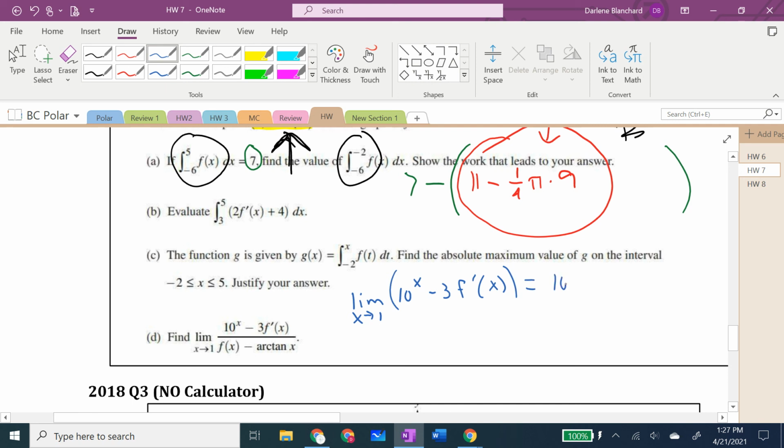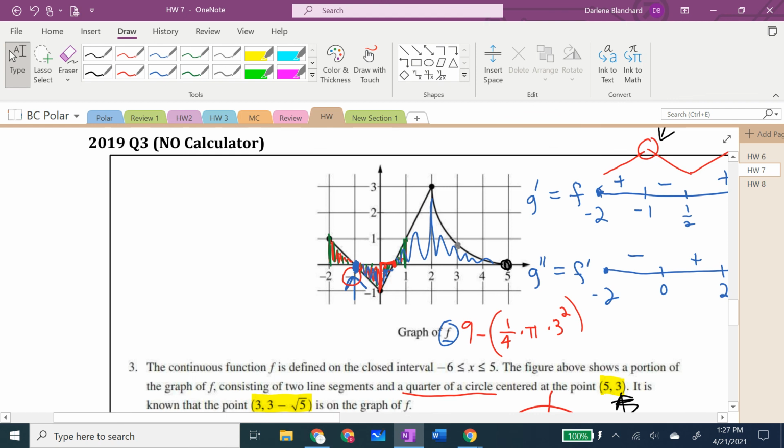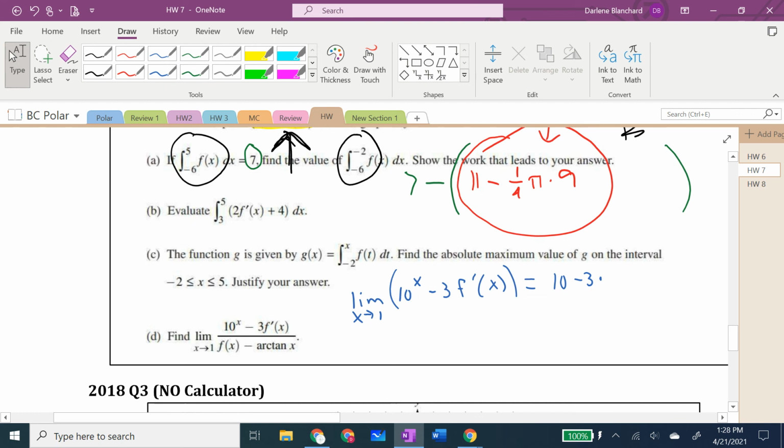Well, I know 10 to the 1 is 10 minus 3 times what is f prime at x equals 1? At x equals 1, f prime is the slope of this line. The slope of that line is 2. So this is not a L'Hopital. What? Okay, guess it's not.